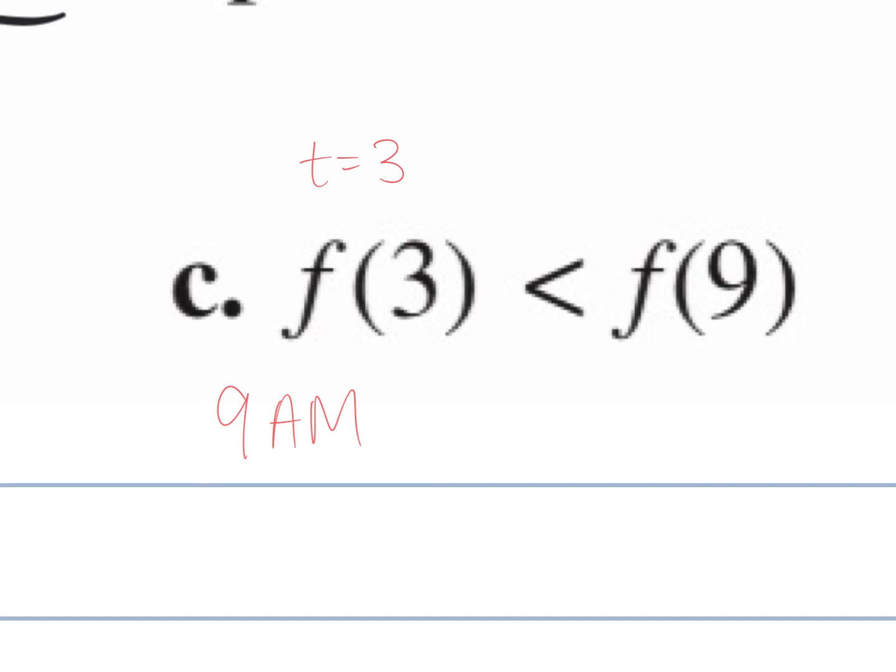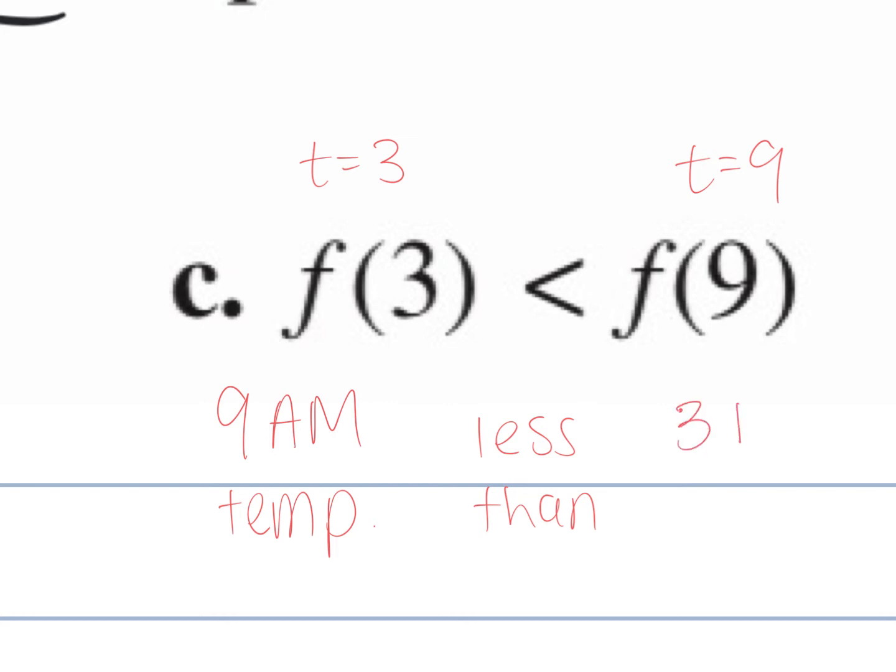Do you guys agree? So the temperature at 9 a.m. is less than the temperature at what time? Not 2 p.m. 3 p.m. Why? Because t was equal to 9. 9 hours after 6 a.m. is 3 p.m. The temperature at 3.